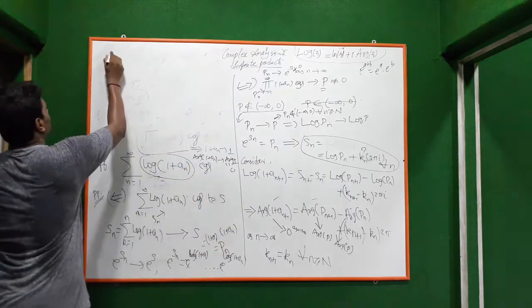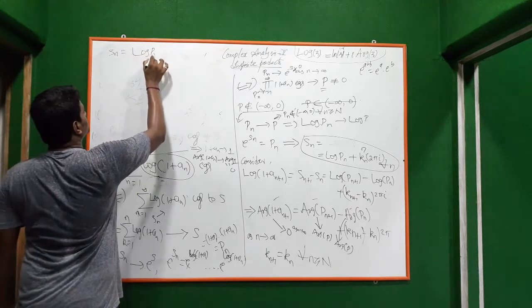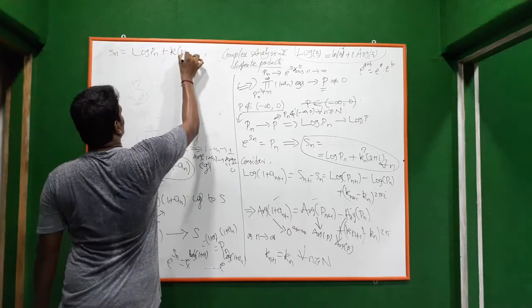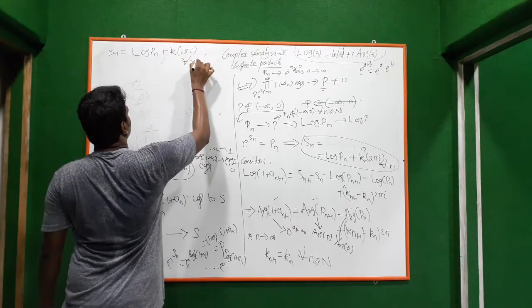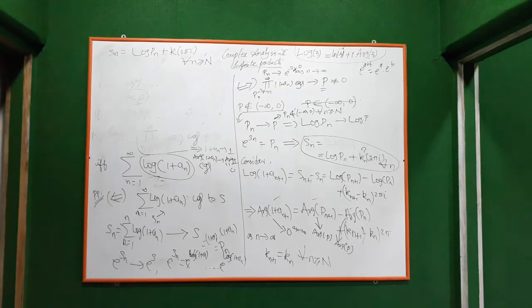Then what will be our S_n? S_n will be log P_n plus k times 2 pi i for every n greater than or equal to some n after such stage.